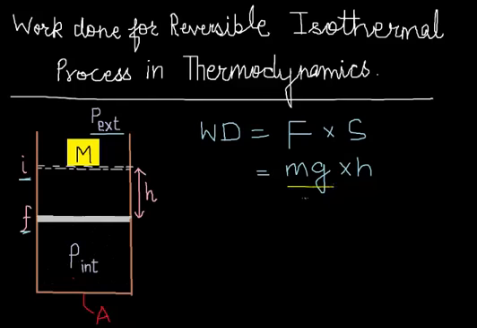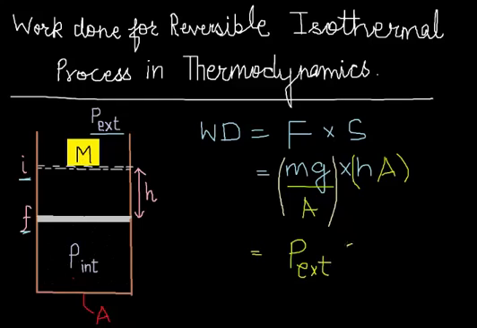Now if I divide this by A and multiply this by A, then mathematically there is no change, but if we look at it from a different perspective, the former thing is nothing but force upon area, which is the pressure. So it gives the pressure Pext, which is exerted by this block of mass m over this piston.